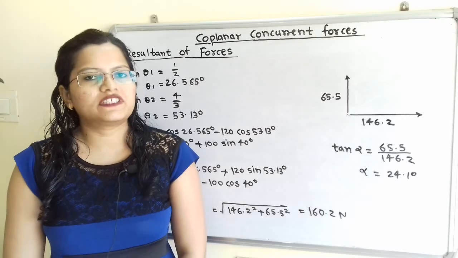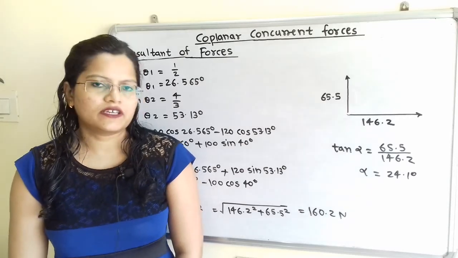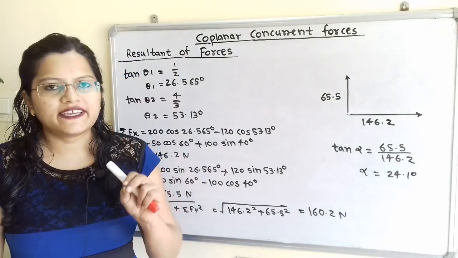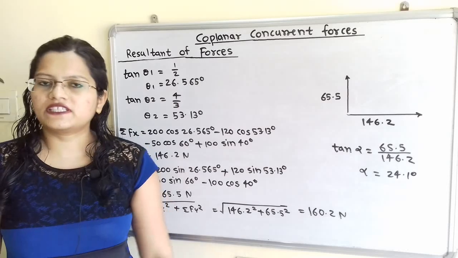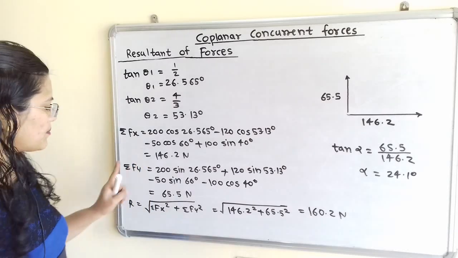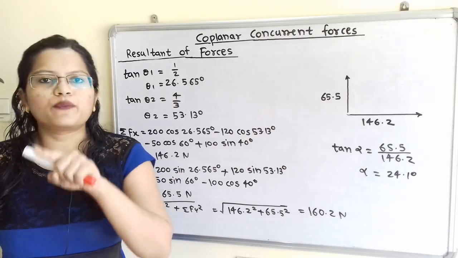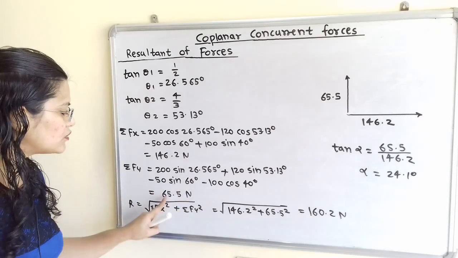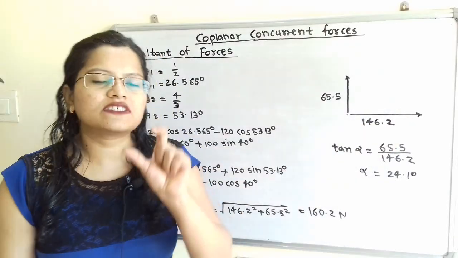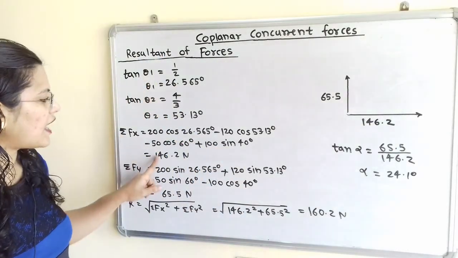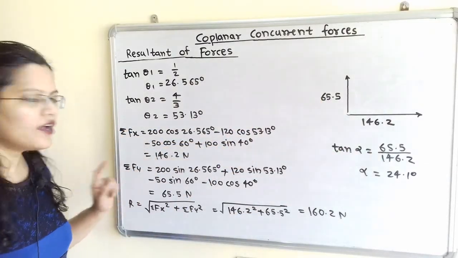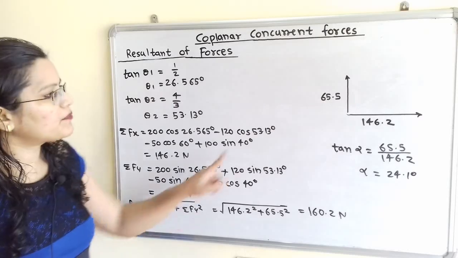We have to find the angle made by the resultant R. So how to find it? Summation of Fx is the horizontal component of the resultant R, and its magnitude is 146.2 Newton. Summation of Fy is the vertical component of the resultant R, and its magnitude is 65.5 Newton. First we will draw one horizontal line, the horizontal component of resultant R, 146.2 Newton, and a vertical line, the vertical component of 65.5 Newton.